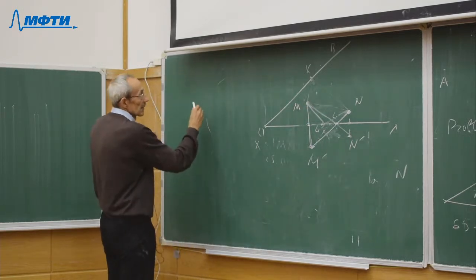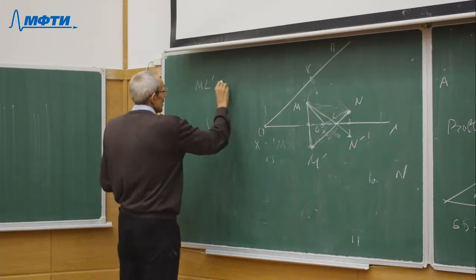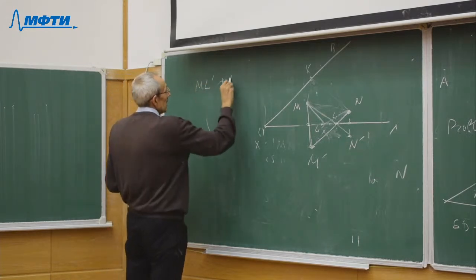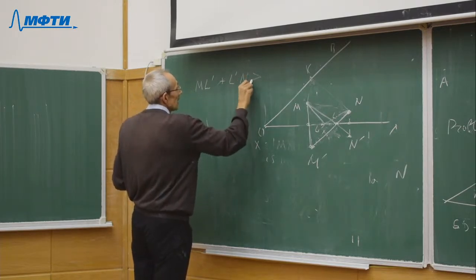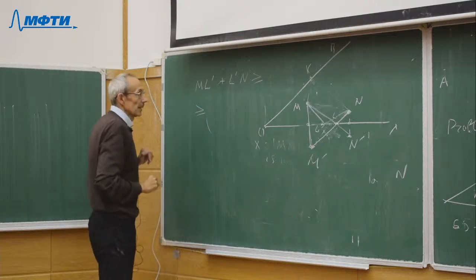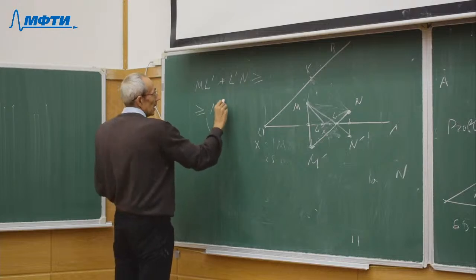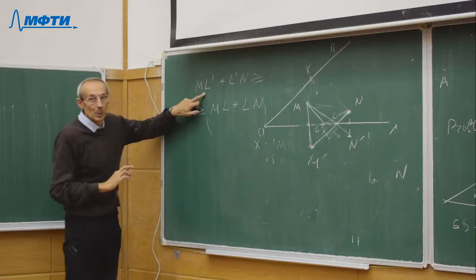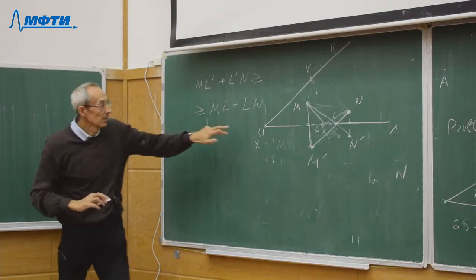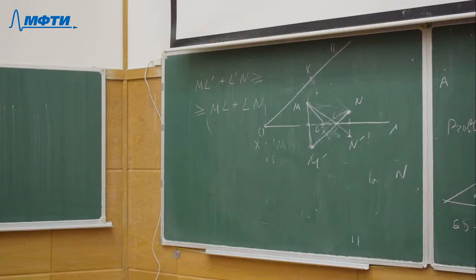I assert that the sum ML prime plus L prime N is greater than or equal to the sum ML plus LN for any point L prime on the straight line OA. Can you prove it?